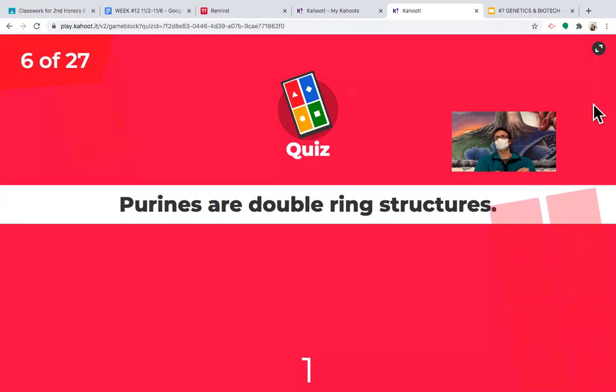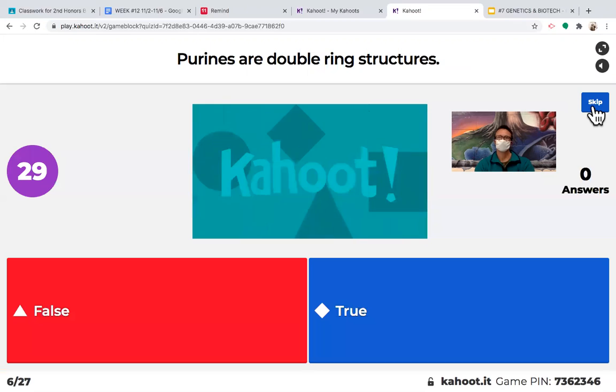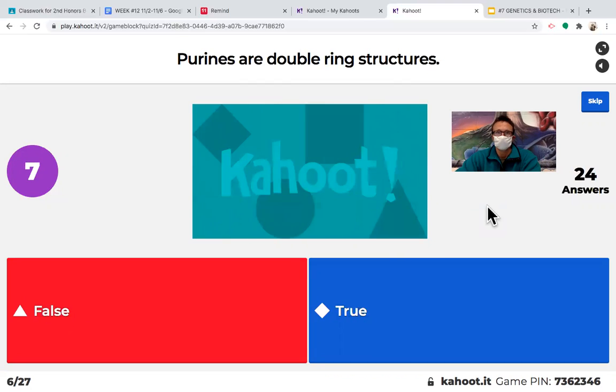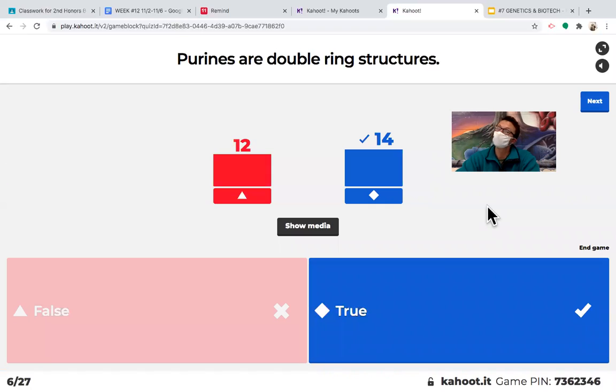Purines are double ring structures, true or false? And that is true.